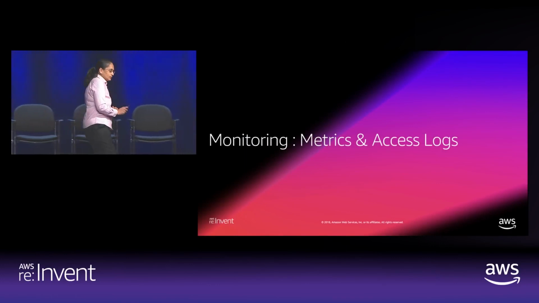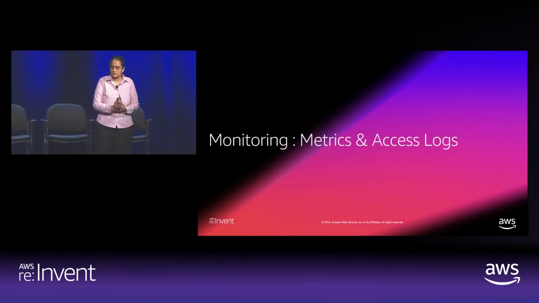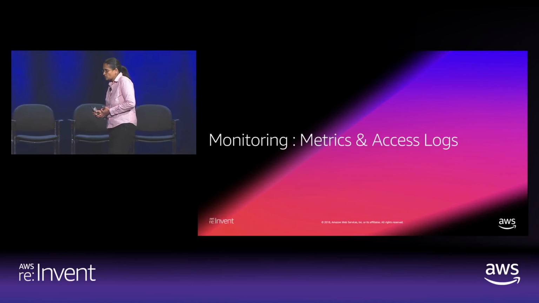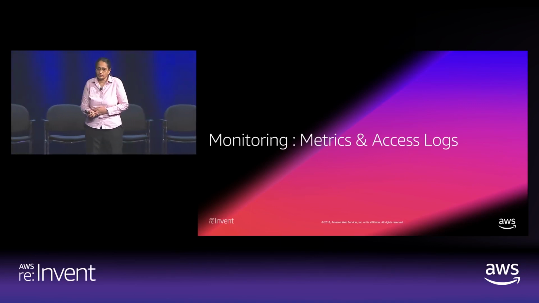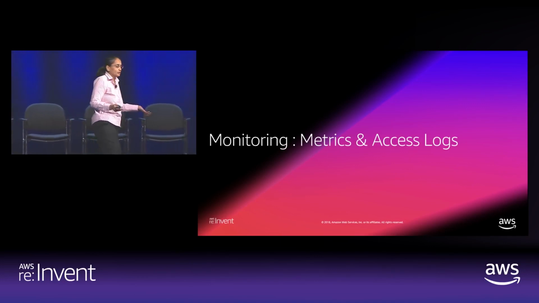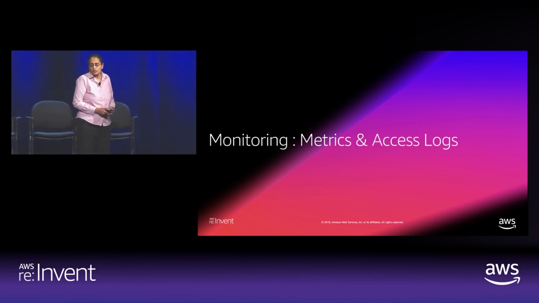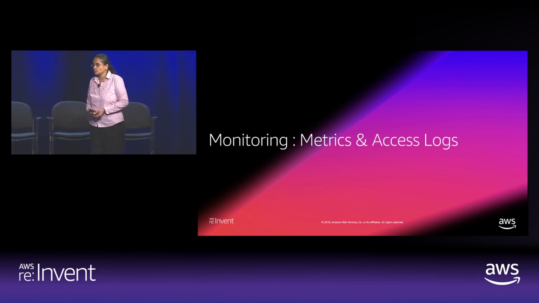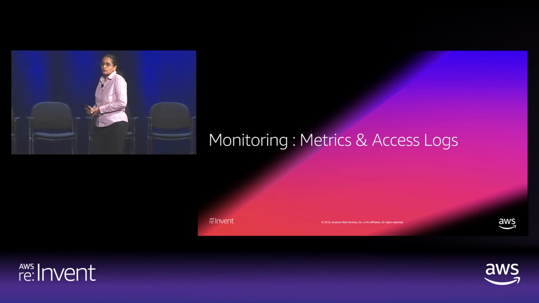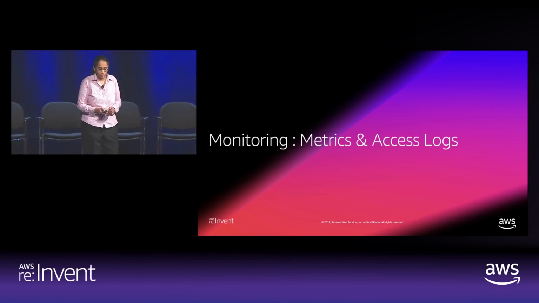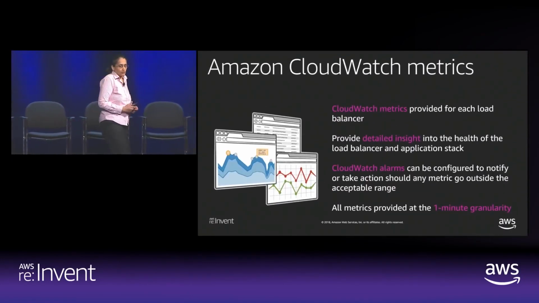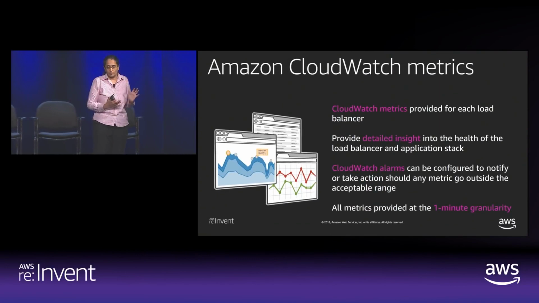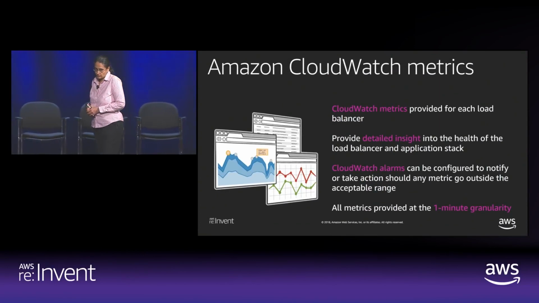Now that you've built scalable, secure applications, let's look at how you monitor them. I mean, you cannot manage an application that you cannot monitor, right? So monitoring for us is not just metrics, but it's deeper into logs and how you debug your load balancers. For the Elastic Load Balancing family, we've always pushed a lot of metrics into CloudWatch metrics.